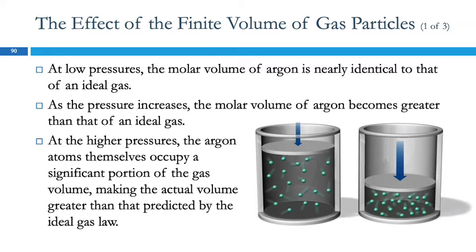We had 10 people in the elevator. Now it matters, right? The 10 football players, that might be a squeeze. 10 kindergartners, plenty of room. The smaller space, now the volume of the people matters. Same thing with the gases. That make sense?